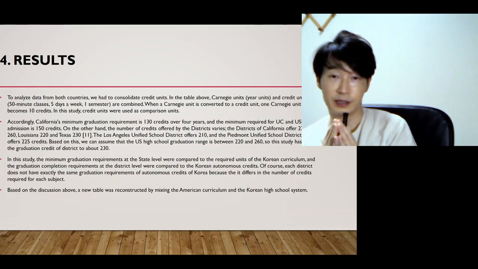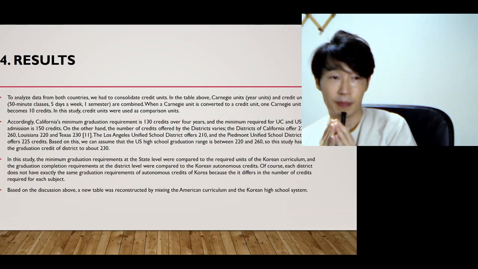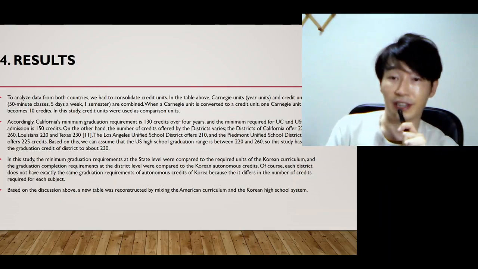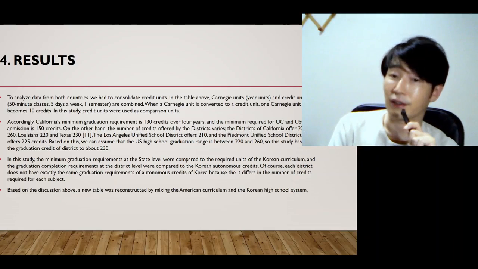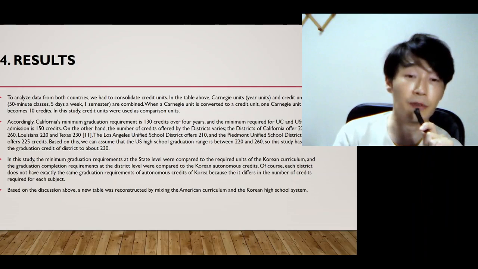A Carnegie unit is a 1 year unit, and a credit unit is 50-minute classes, 5 days a week, for 1 semester. It was mixed. When a Carnegie unit is converted to a credit unit, one Carnegie unit becomes 10 credits. So this study uses credit units for comparison.